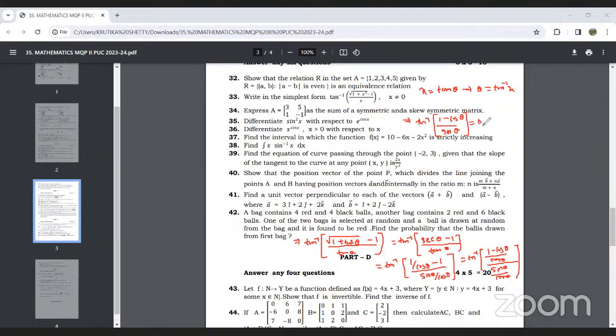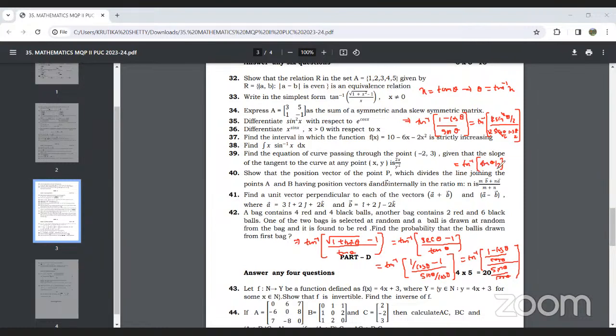So this will be equal to tan inverse of 2 sin square theta by 2 divided by 2 sin theta by 2 cos theta by 2. So sin theta by 2 will cancel, 2 and 2 will cancel, and sin theta by 2 upon cos theta by 2 is tan theta by 2.